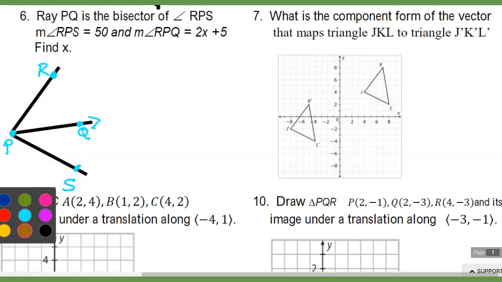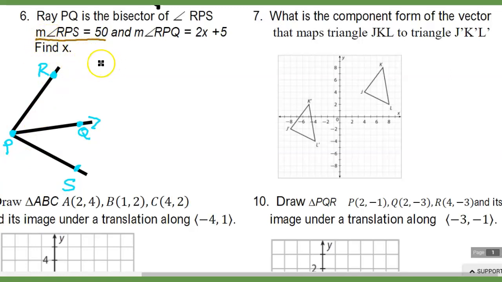Okay. We know the measure of this whole angle, RPS, the entire angle, is 50. And the measure of RPQ is 2x plus 5. We want to find the value of x. Now, since this is a bisector, this is important.